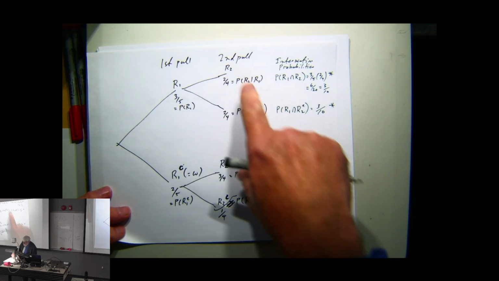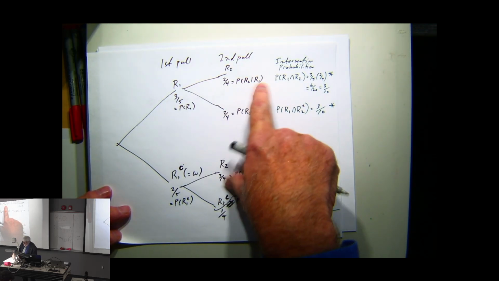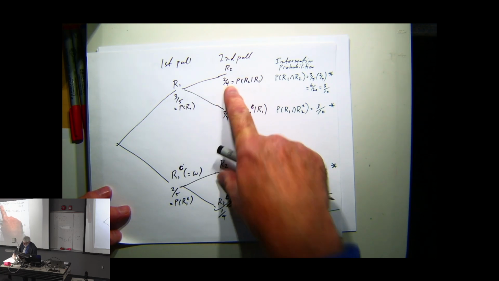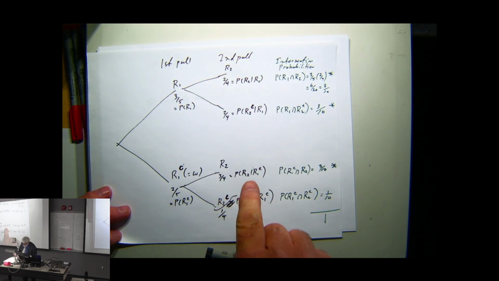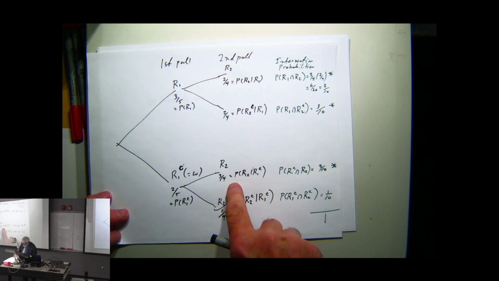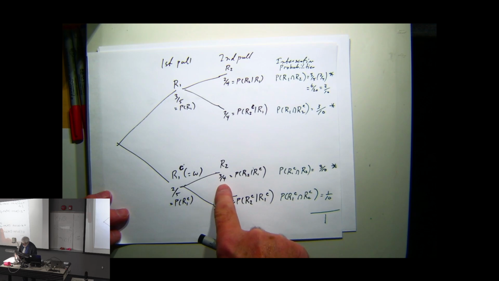We know the probability of getting a red on the second, if we got a red on the first, was 2 out of 4. The probability of getting a red on the second, if I didn't get a red on the first, was 3 out of 4.